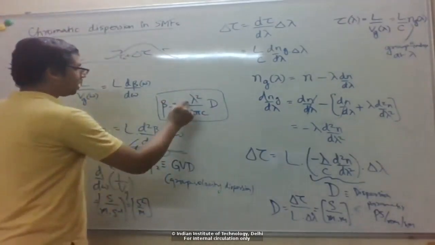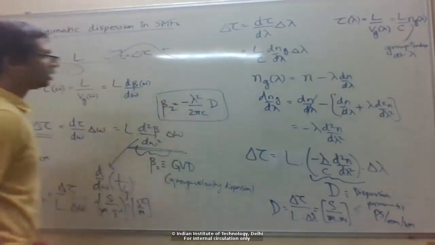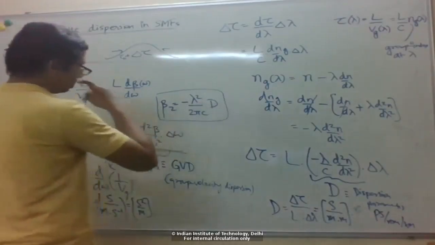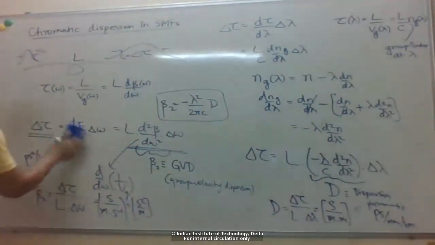But one important point is that there's a negative sign here, which means the sign of beta 2 and D is opposite. That's an important thing to keep in mind. Then some more terminology here.